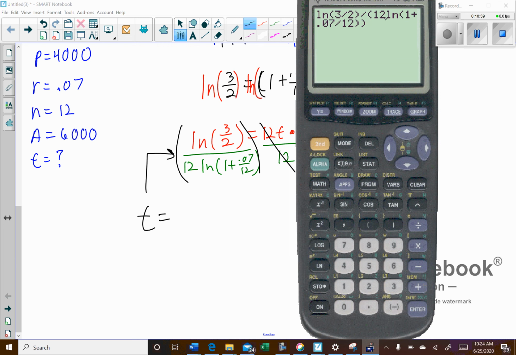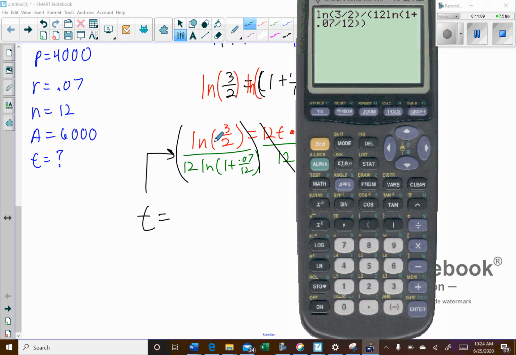The reason I have to do that is if I don't put a parentheses right when I start my division, it will divide by 12, but then it will multiply by what comes next. But I want to divide by the whole thing, and that's why I have to put it in parentheses. If you're using a different calculator, I would probably figure out what the bottom is first and round to 4 or 5 decimal places and then divide the numerator by it, just to be safe.